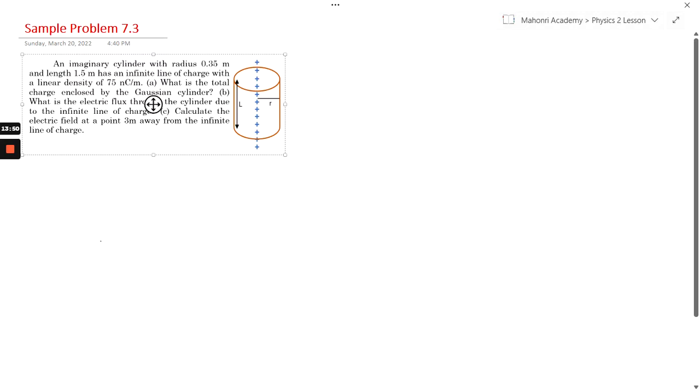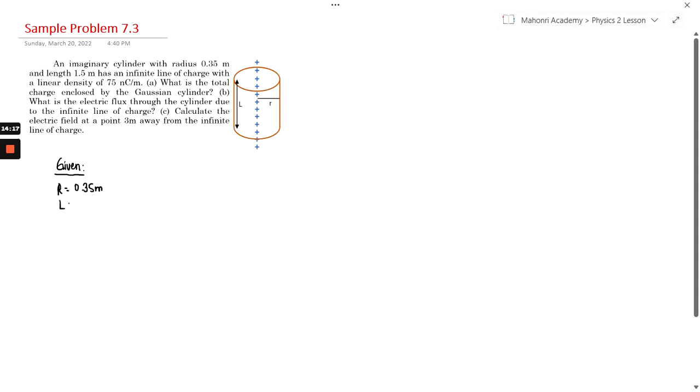So let's solve this. Let's write our givens first. Our first given is we have an imaginary surface and the radius of our surface is 0.35 meters.